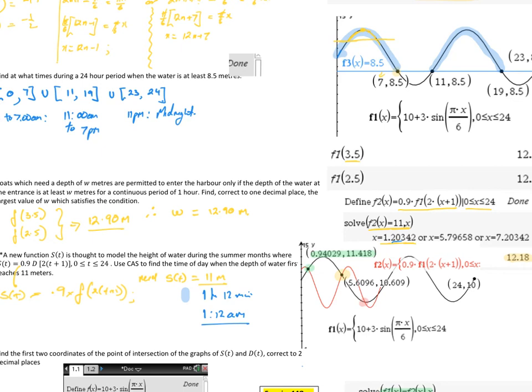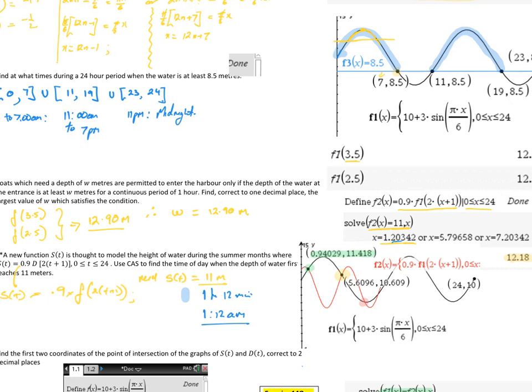To be perfectly honest, I'm not completely sure why the CAS produces that error or that omission, but I guess the little hazard symbol there where I solved f1 of x equal to f2 of x, you can see a little hazard sign. If you click on that, it says there could be more solutions, which is great, isn't it? I guess that's the little indicator that maybe you should investigate a little bit more.